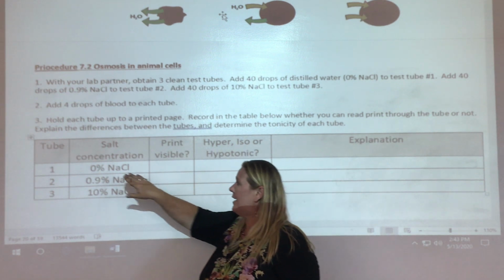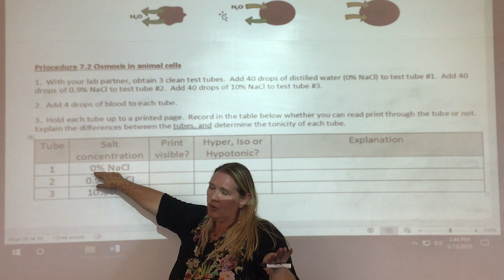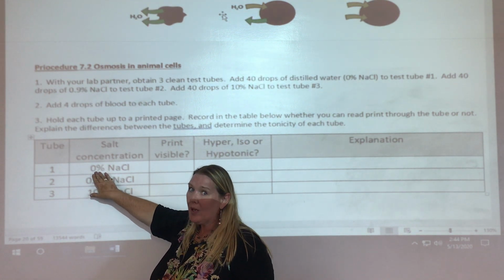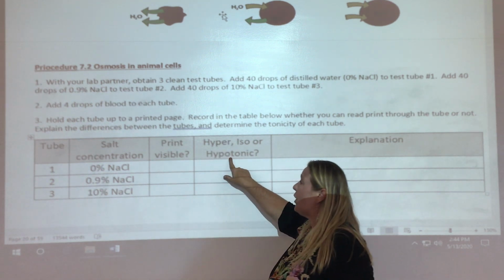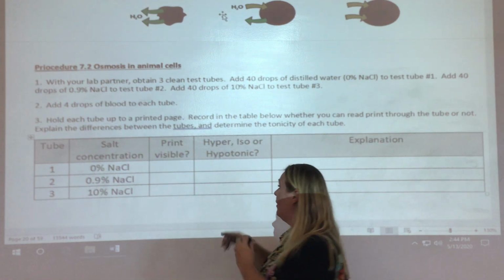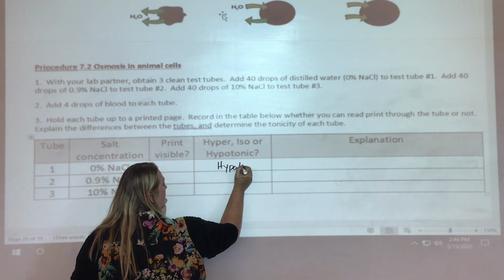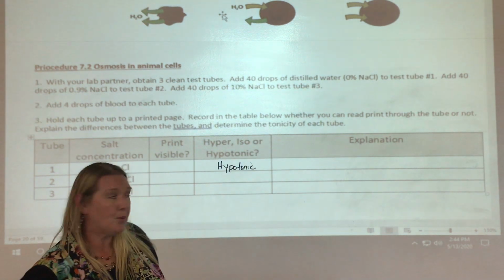Can you get less than 0%? It's already 0. You can go negative numbers, but not when you talk about particles. So this is the lowest number. Low number, no percentage of salt is hypo, low. So this is hypotonic. Distilled water is hypotonic.